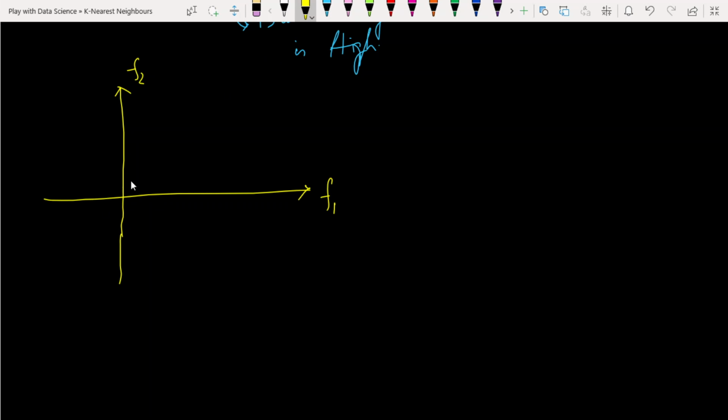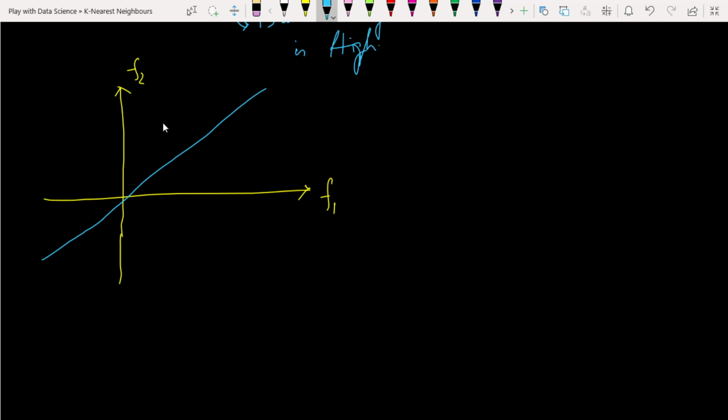From this plane we can randomly select one line. In 2D we call it a line, in 3D we call it a plane, and in higher dimensions we call it a hyperplane. Suppose this is one random line that separates our whole plane into two parts.